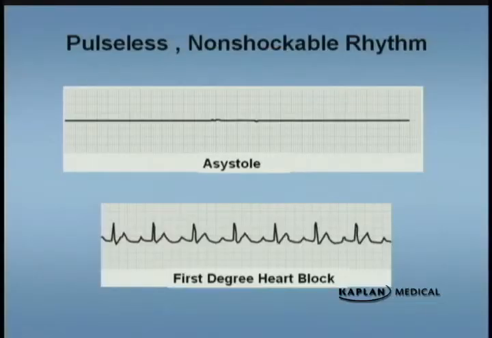All right. Let's go on to the next set of circumstances. Let's take a patient that you come upon who has no pulse, and they get their BLS care, and the paramedics get there and they put the EKG on. They're going to see one of these two types of scenarios.